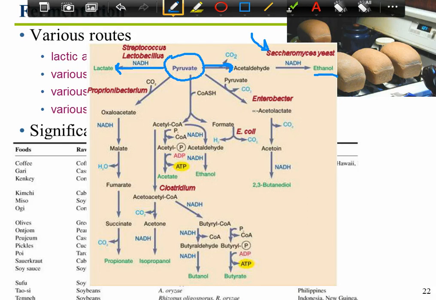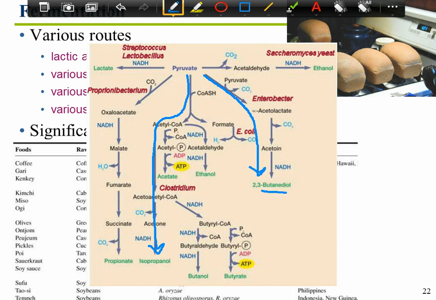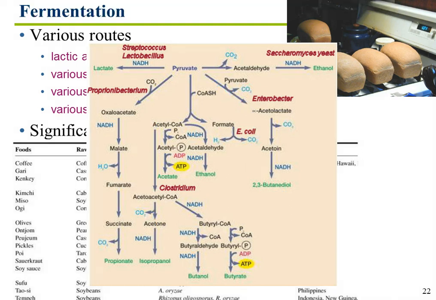But you also see there's some other fermentations here. For example, Clostridium does a more involved kind of fermentation, which can end up making isopropyl alcohol. One of the organisms we use in lab, Enterobacter, ends up doing a fermentation that makes butanediol. So there are lots of different variations of this.